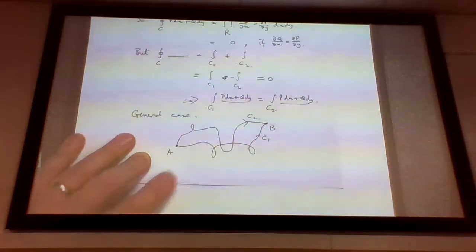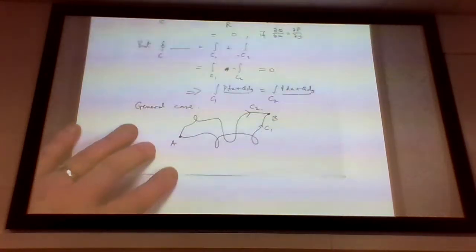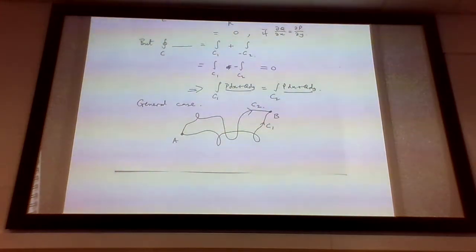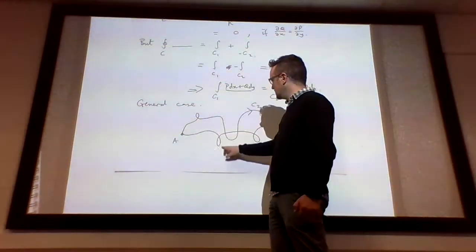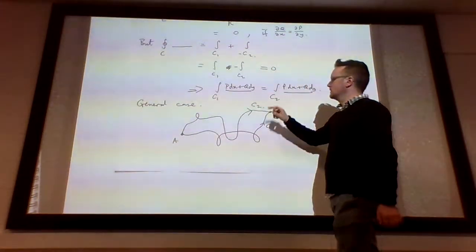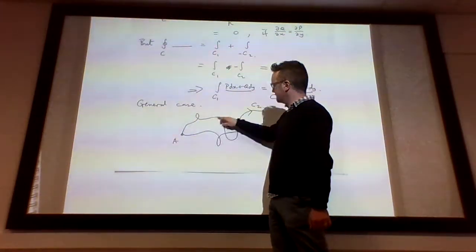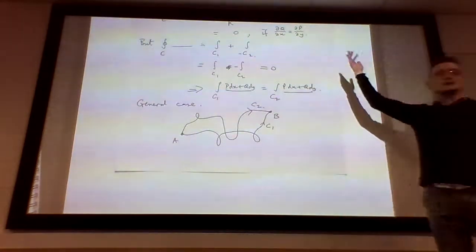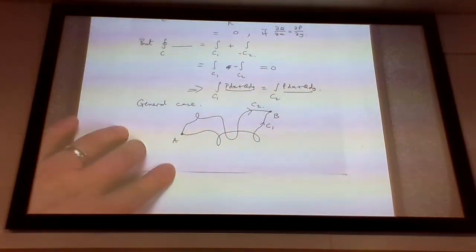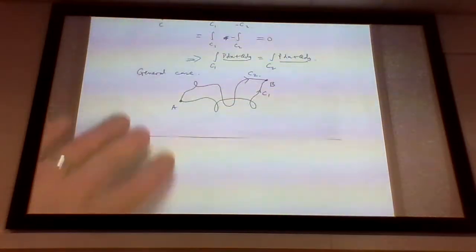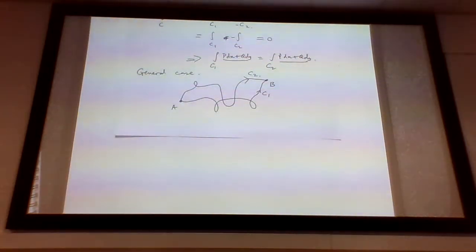I should have drawn them in different colors, but look, there are no sharp corners in these things. So this is C1 coming this way, C2. Okay, so the same argument we had before does not apply simply because it's not a simple closed curve when you run C1 minus C2.